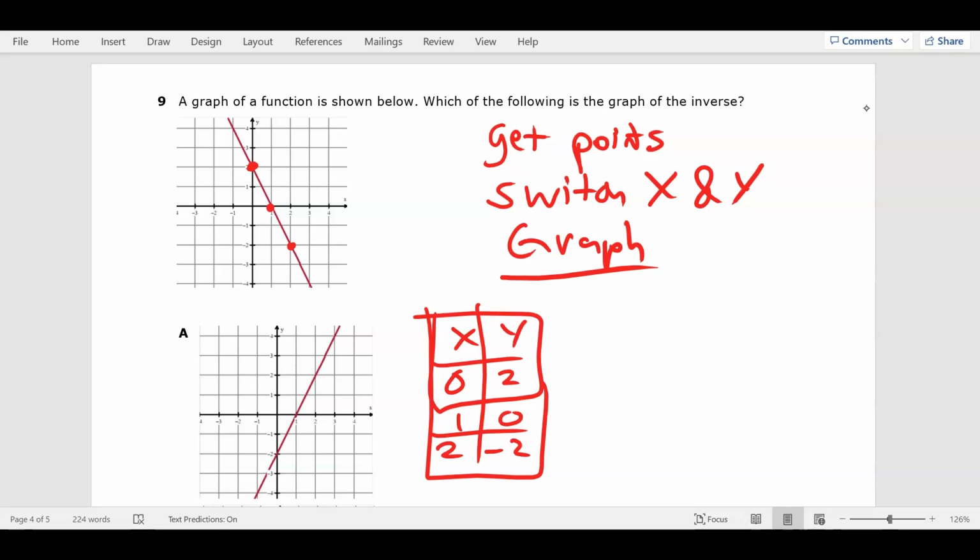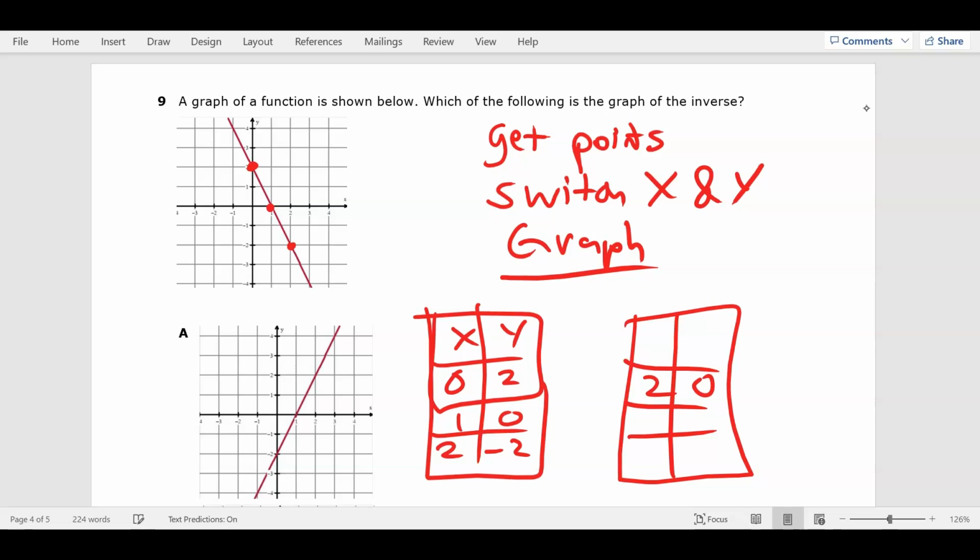If I switch that, I'm going to get 2, 0, 0, 1, negative 2, 2. Let me plot those new points. So I have 2, 0, 0, 1, negative 2, 2.